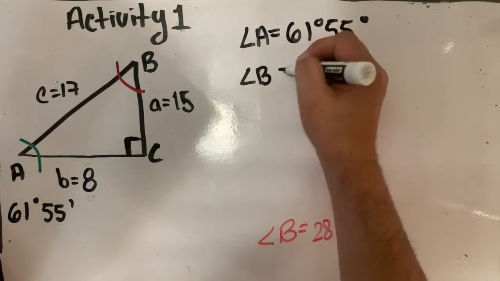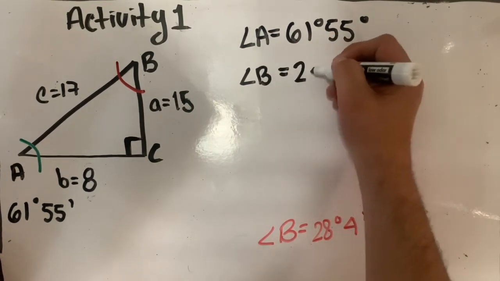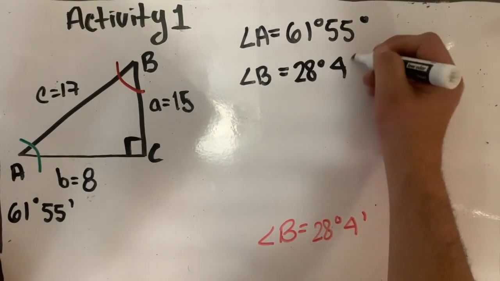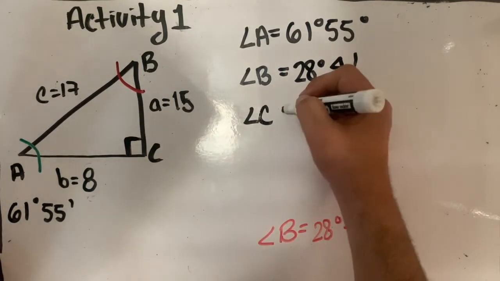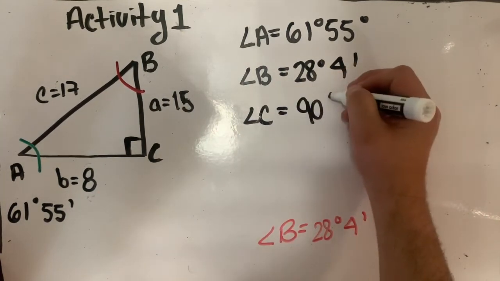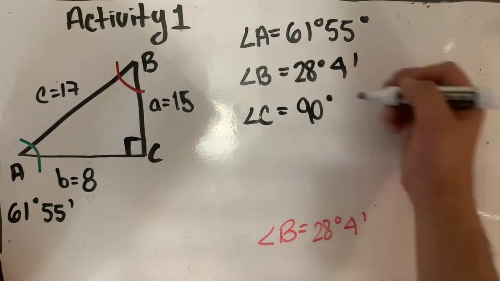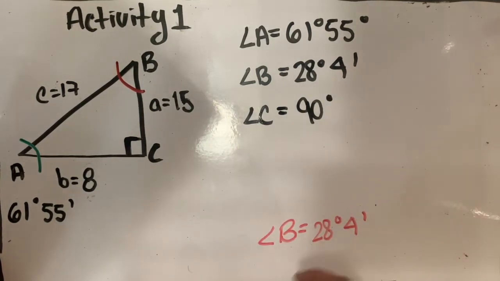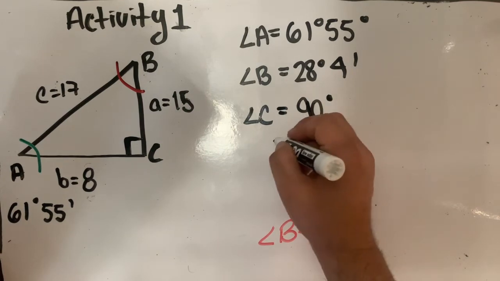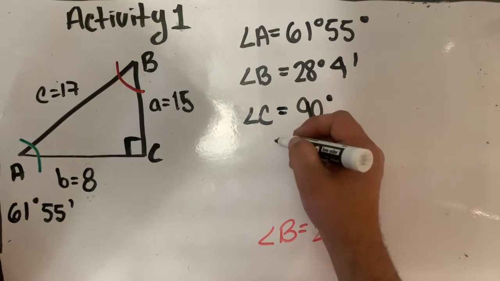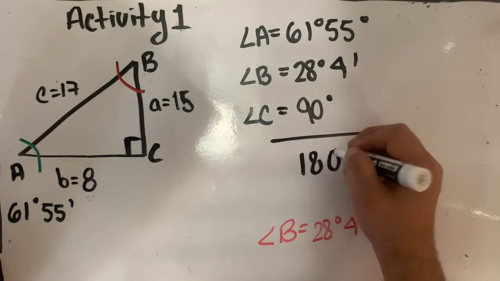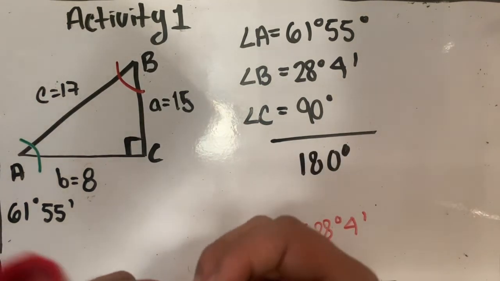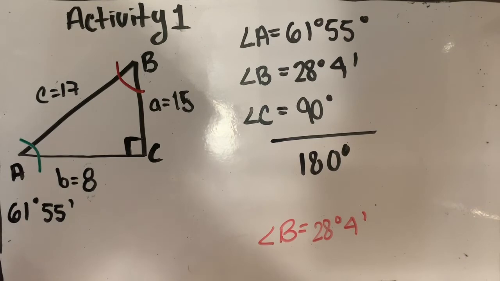Angle B equals 28 degrees with 4 minutes. And angle C, remember that angle C is always going to be 90 degrees. Why? Because it's a right angle. Okay, so the addition of these angles has to be 180. Always. Let's find out in the calculator.